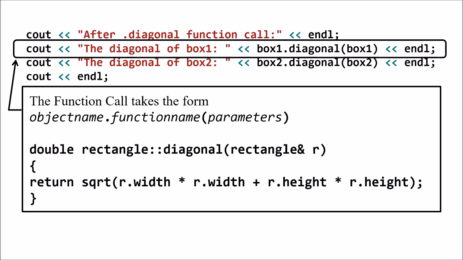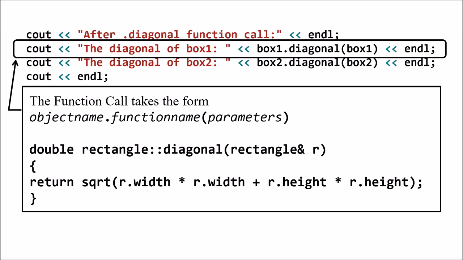In this case, the object name is box1, diagonal is the function name, so that makes a function call to the diagonal function in the class rectangle, and the parameter is the object box1, which is passed to the function by reference, and those values are associated with the local variable name r.